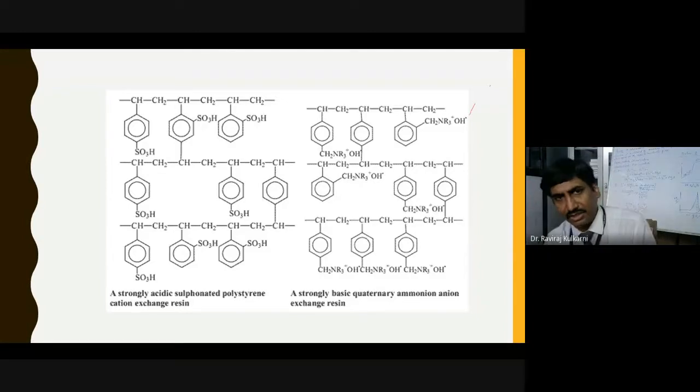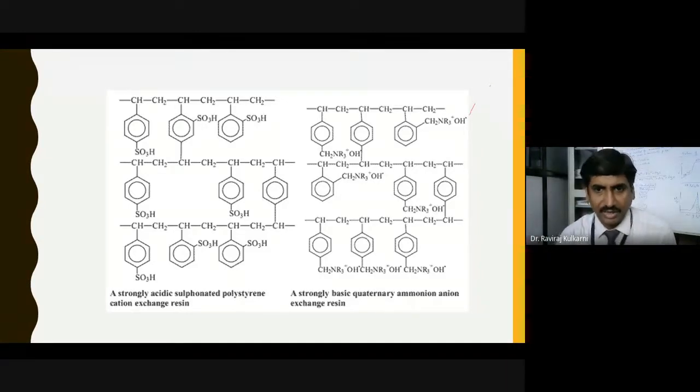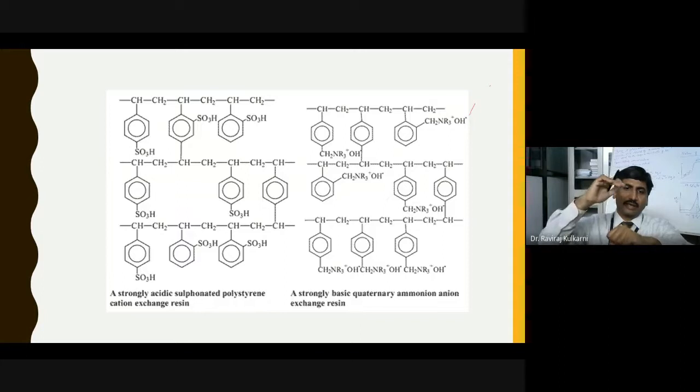Cation exchangers exchange cations. Anion exchangers exchange anions. This is the resin. On that resin, say H plus ions are there. When calcium ions come in contact with this resin, calcium ions sit on the resin and the H plus ions come into the solution.